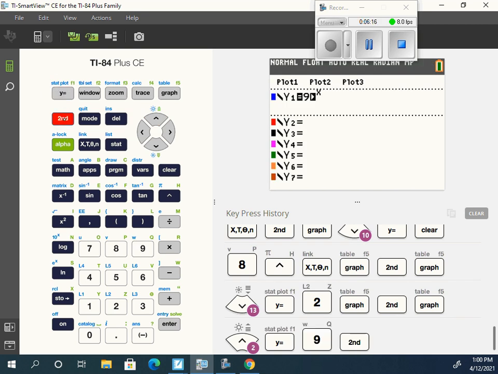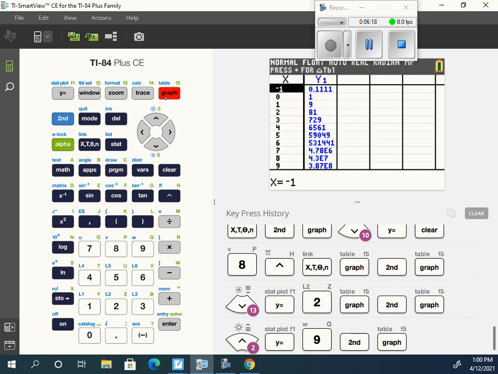If I change it to 9, when x is 0, it is 1. When x is 1, it is 9. So it kind of helps us see.